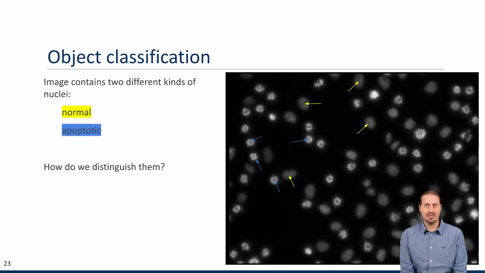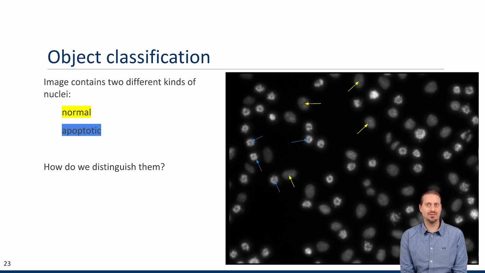And the nuclei shown with a yellow arrow are just the normal nuclei, so for a cell that's in a normal cell state and is still living. And the blue arrows correspond to apoptotic nuclei. So these are nuclei of cells that are undergoing programmed cell death.